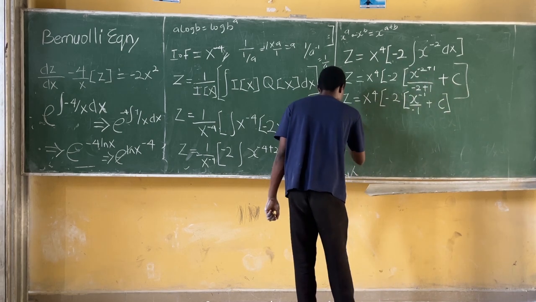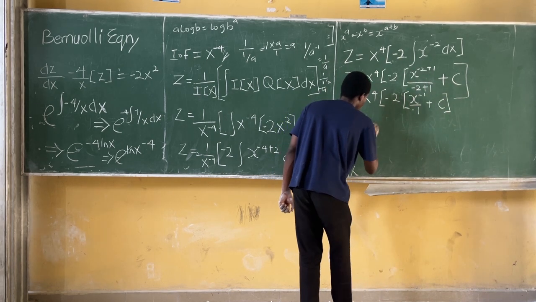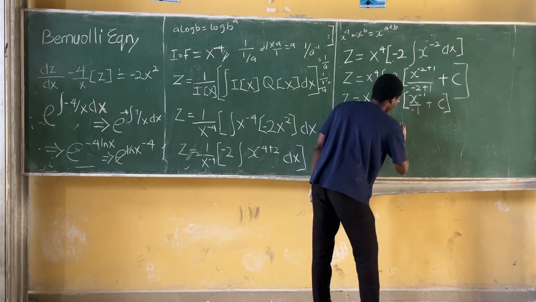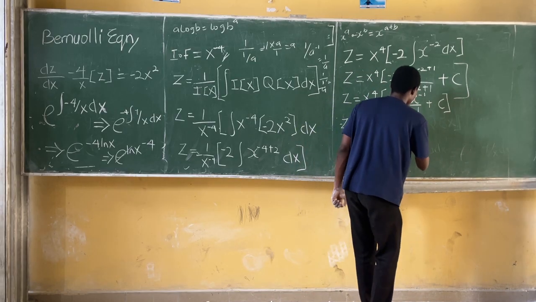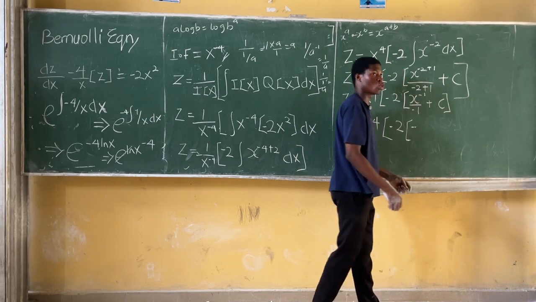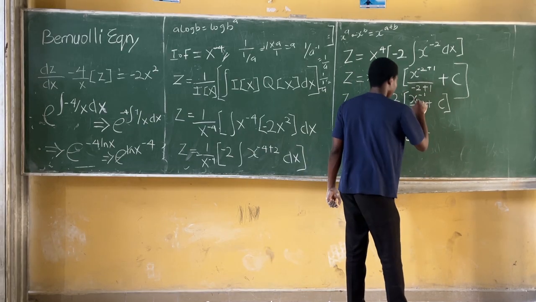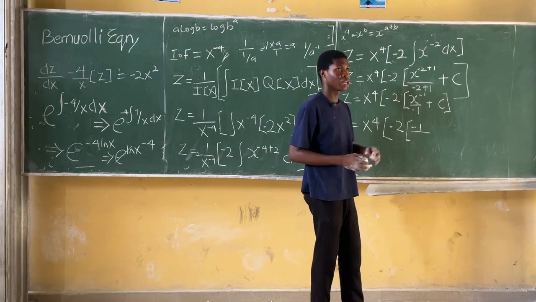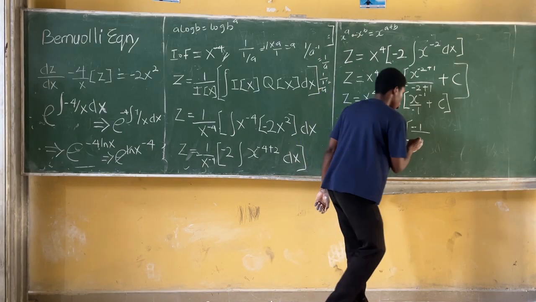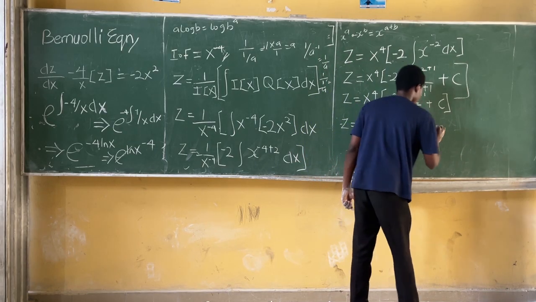So z is equal to x raised to power 4 minus 2. We are taking this minus to the numerator, so this is minus 1. And this x raised to power minus 1 is the same thing as 1 over x, plus c.